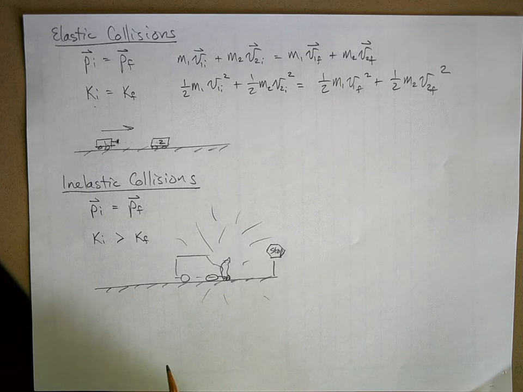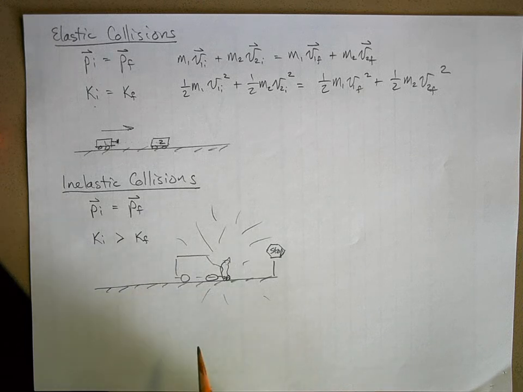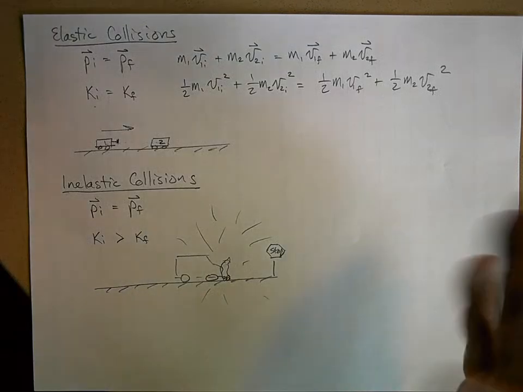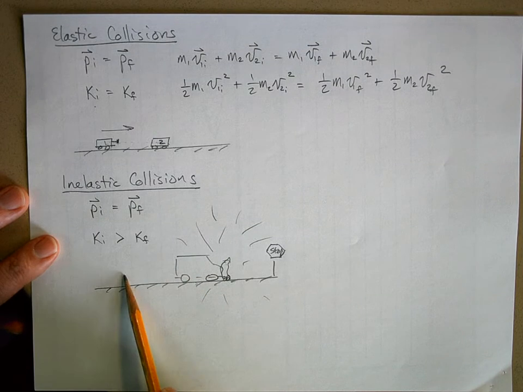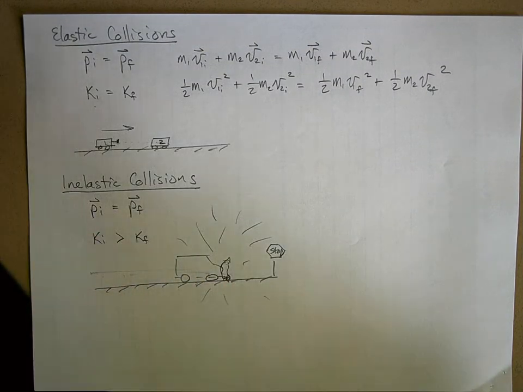Now some collisions are the most inelastic you can get, and they're called perfectly inelastic collisions. A perfectly inelastic collision happens when the two objects stick together after the collision. So if you have two objects, like in this case, the van hits the smaller car and then they move off together as one mass.